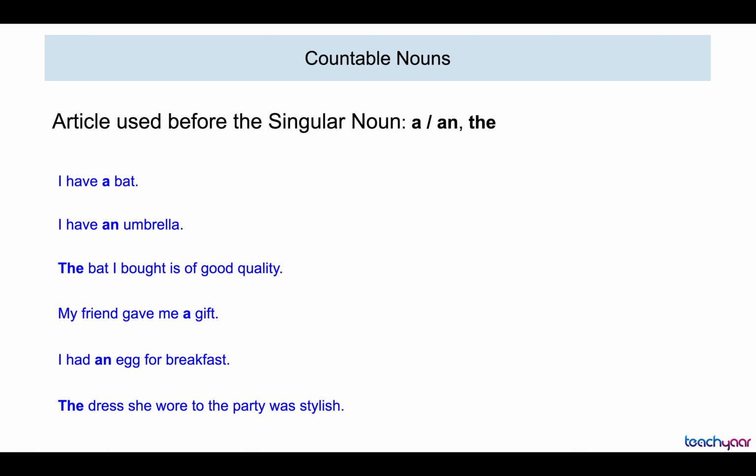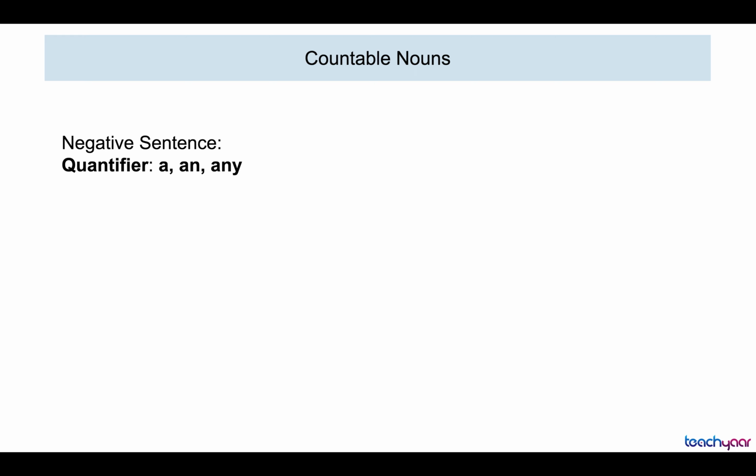Now this is in the case of singular nouns and positive sentences. Let's see what happens when the sentence is negative. We have learnt about positive and negative sentences earlier, but we'll just have a small repetition here.